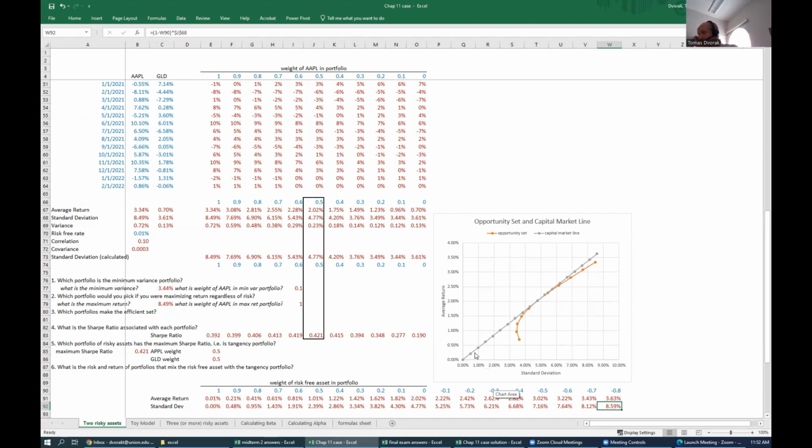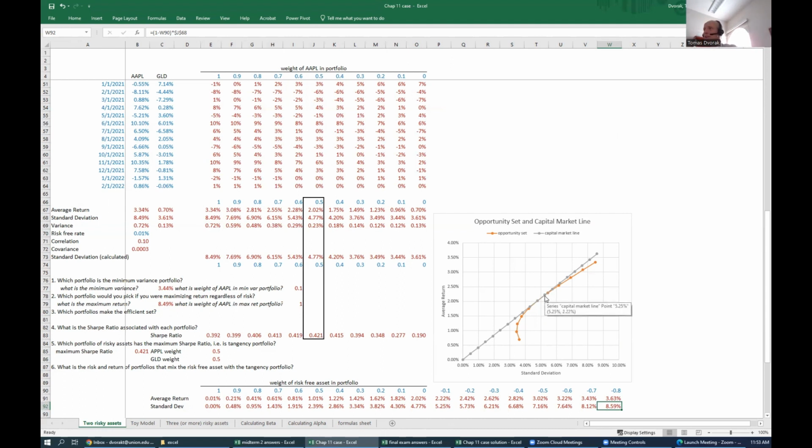And we see that on the graph, and we call that graph the capital market line. So the capital market line tells us the different combinations of risk-free and tangency portfolio and the risk and return associated with each of these combinations. That line touches as a tangent to the opportunity set, and it's a tangent at the tangency portfolio.